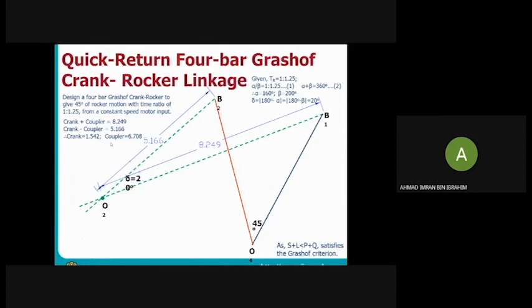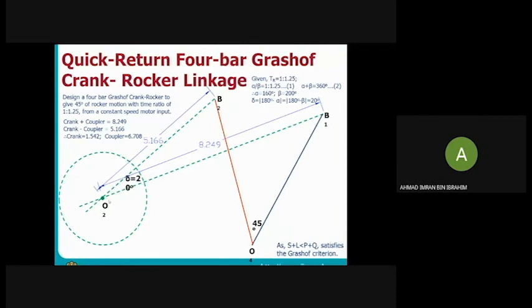After you find the crank, the value for crank you measure from O2 to here, right? And then you can draw a circle using this radius basically. So after that, you can create the radius using the crank. After you find that, then you got your mechanism already, right?